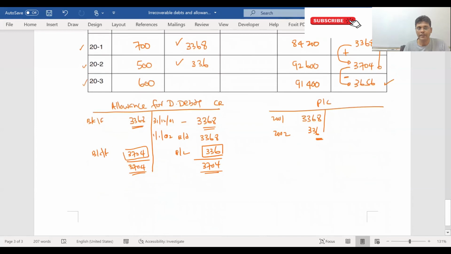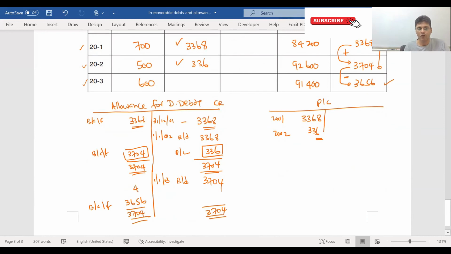If you take the allowance for doubtful debts, we had an opening balance on 1st January 2003, brought down balance 3704. Now, at the end of the year 2003, the balance carried forward should be 3656.